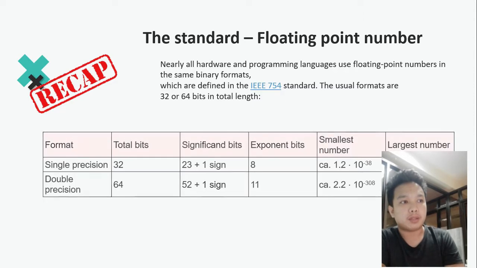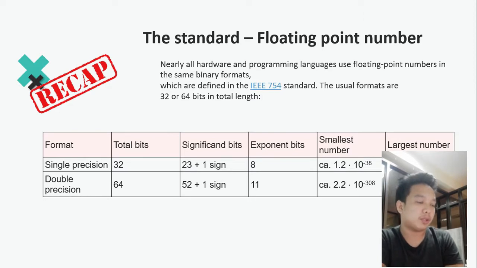The usual formats are 32 or 64 bits in total length, in which the single precision format consists of 32 total bits and significand bits of 23 plus the sign, exponent bits which is 8, smallest number can be 1.2 by 10 raised to negative 38, and the largest number is equal to 3.4 by 10 raised to 38.